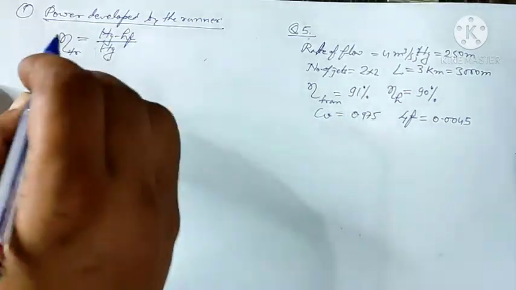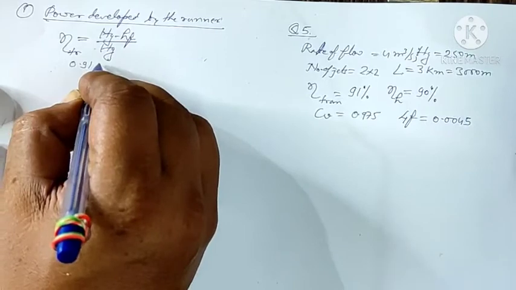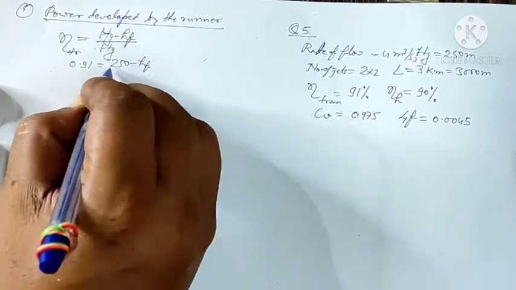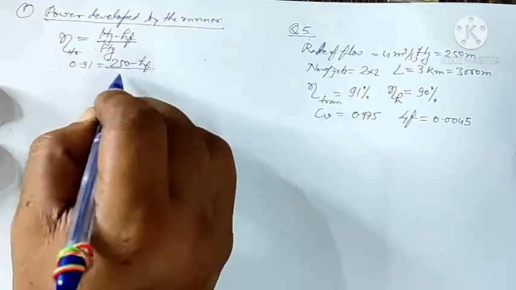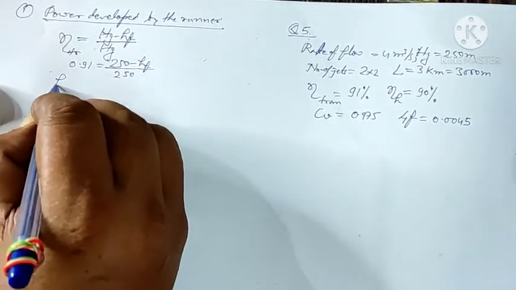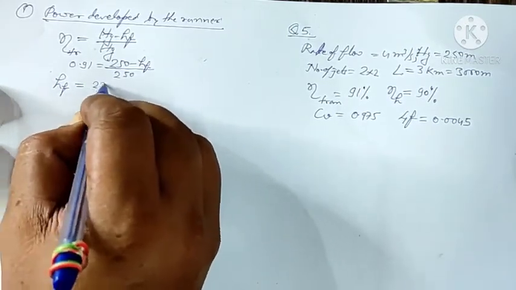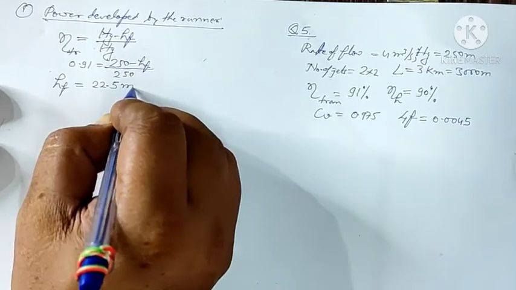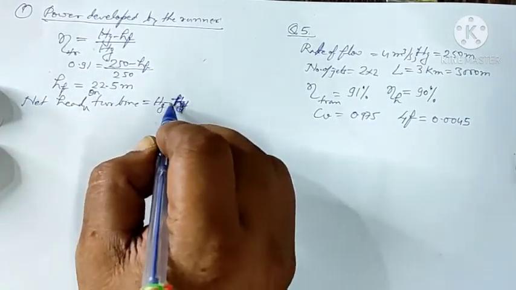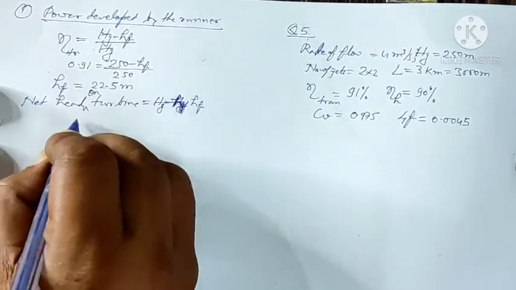So we'll substitute the values here. Efficiency is given as 91, gross head is 250 and upon 250. So we can calculate the value of Hf. Hf is coming out to be 22.5 meter. So net head on the turbine is equals to Hg minus Hf.